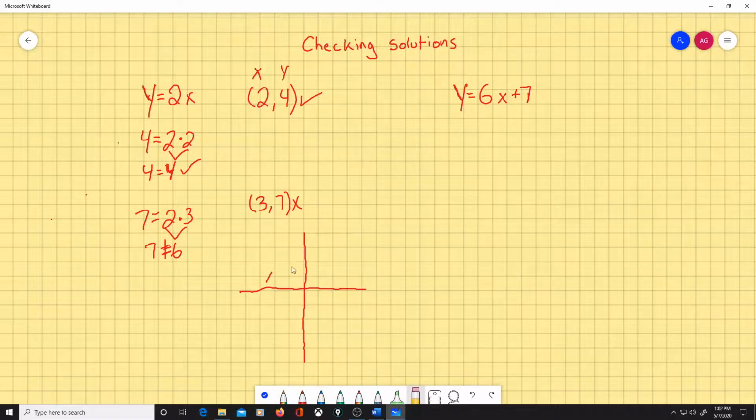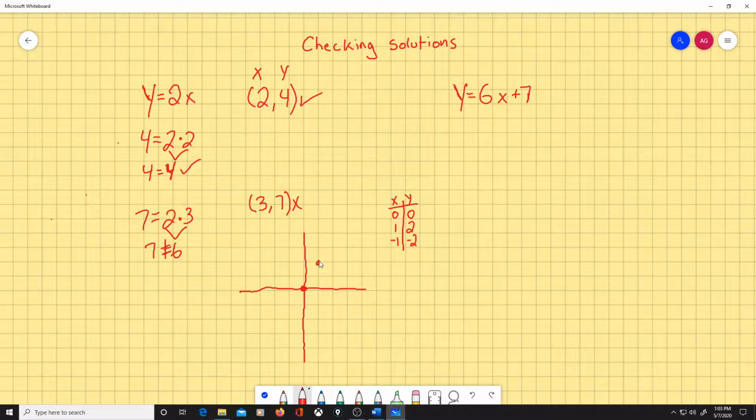And we got a little whoopsie here. We'll just erase that. And so if we looked at this, let me just build a little table of values real fast. All right, and I'll put my x's here, my y's here, and I'll try 0, 1, and -1. And I know that 2 times 0 is going to give me 0, so there's that point there. And I know 2 times 1 is 2, and 2 times -1 is -2.